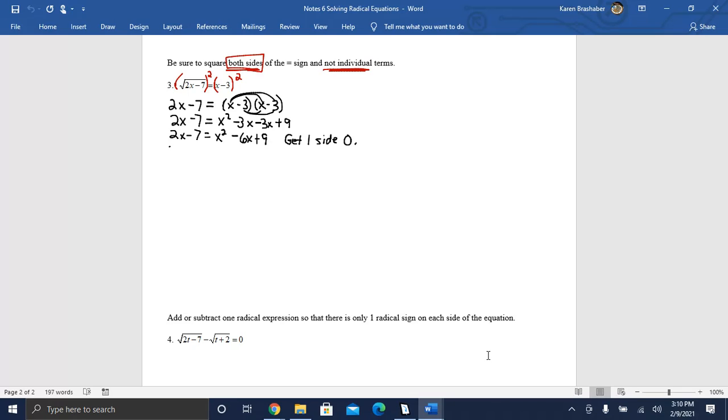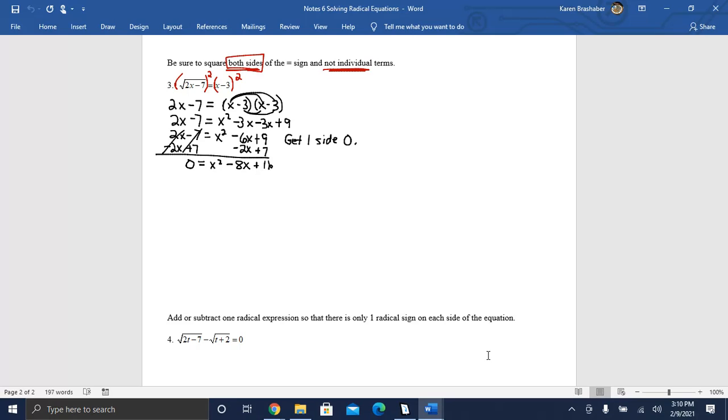So I'm going to subtract 2x from both sides. I want to line it up underneath its like term. I'm going to add 7 to both sides. So in doing that, this will cancel, and I'll have my 0 that I need. I'll have x squared minus 8x plus 16.